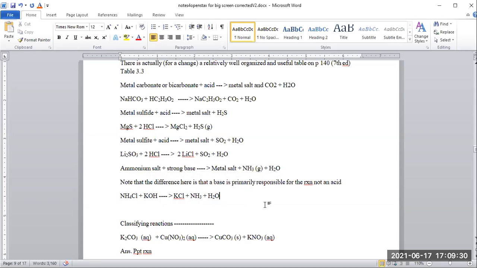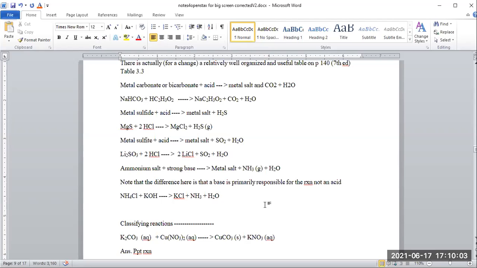So again, kind of looking for themes here. In the acid-base reaction world, you have acid plus base gives you salt plus water. There's some themes here that are similar, but because we are using an acid or a base, we're not getting just 2 products.